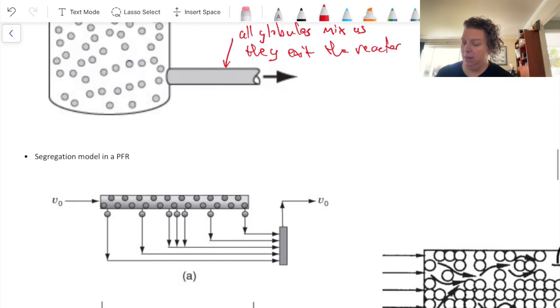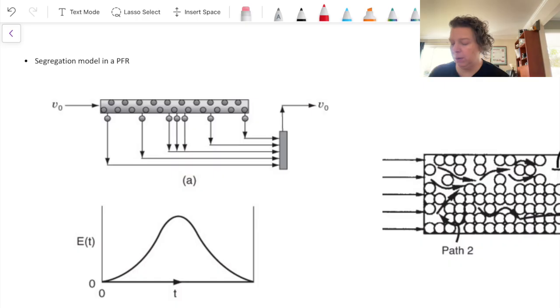In a PFR, we're going to look at this similarly. We have our globules enter the reactor, similar to the CSTR case. But then we're going to say that they leave at different times according to their residence time, and then they all mix right before exiting the reactor. And of course, this is a model. This is not what really is happening.